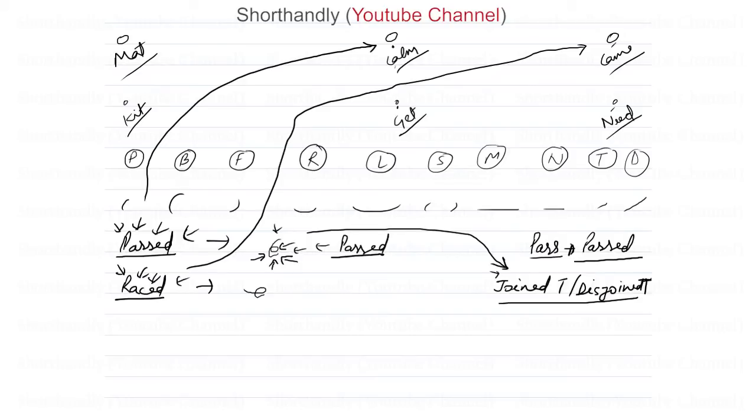We have this R, then the A vowel, which is a large circle, then we used S here, then we again joined this T here. So we will call this word raised. Here also we used the joined T method. Now you might be wondering where we will be using this disjoined T.